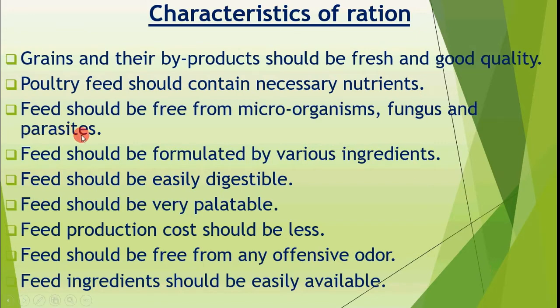The various ingredients will be formulated together, and that will be easily digestible for the poultry. And definitely you have to think about the cost as well. If the cost is less, the profit will be more. And the food should be very good, with no bad smell or odor present in the food. Definitely fresh, and quite available.